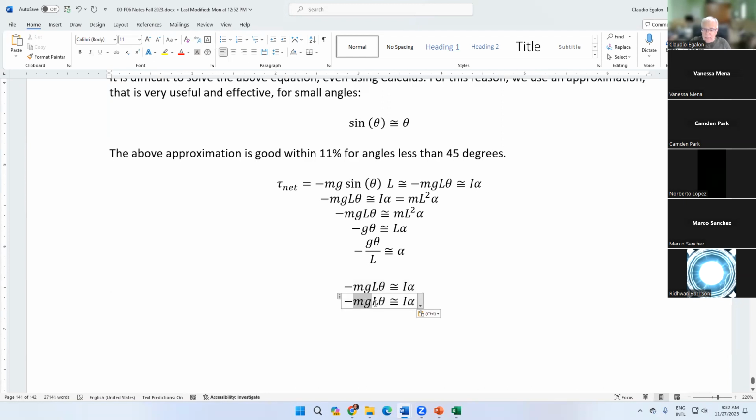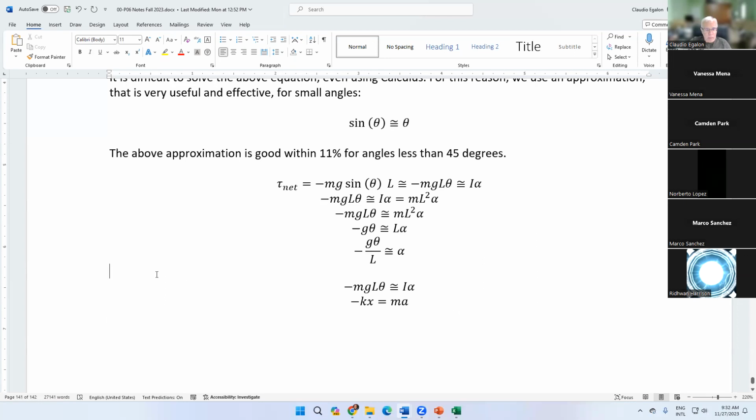Something similar that we did before was for the spring, for the simple harmonic motion. Remember that? Net force is equal to minus kx. And it's not an approximation. This one is an equality.